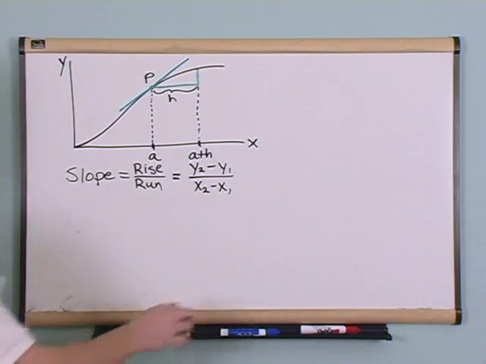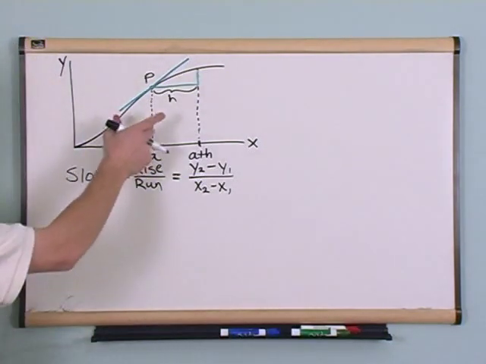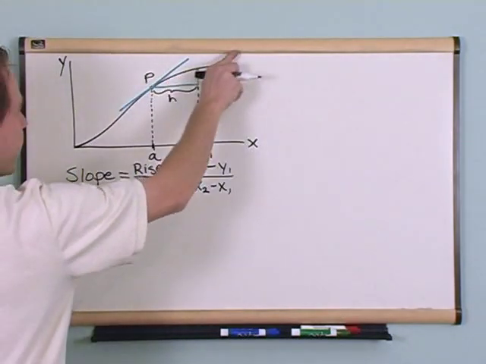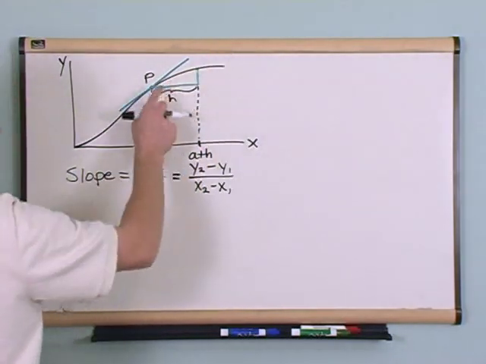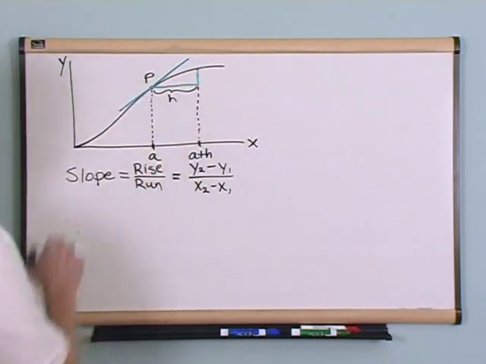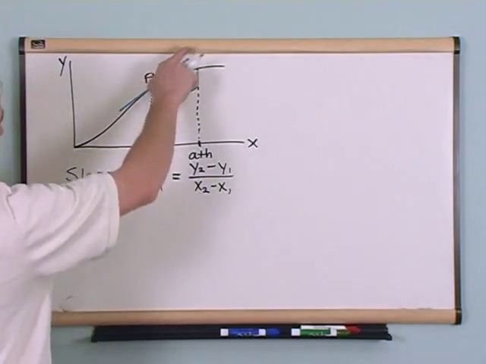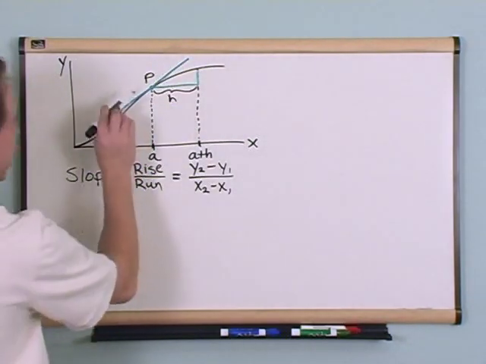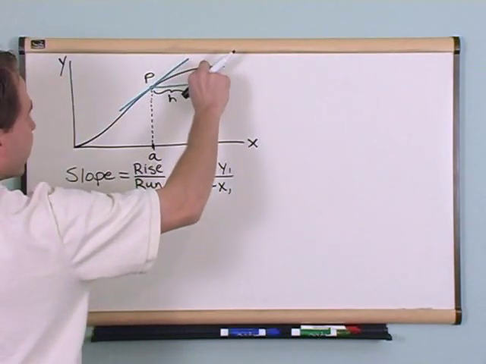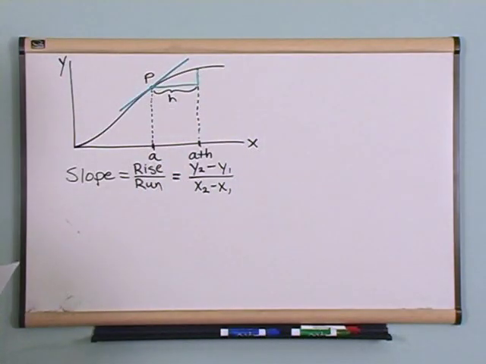If you were to calculate the slope of a line going through these 2 points here, you could do it by looking at the rise here and the run here. Now that wouldn't be exactly what we're trying to find with this line, but if the line were going through these 2 points, we would look at this rise and this run. So let's look at what those rise and runs are.